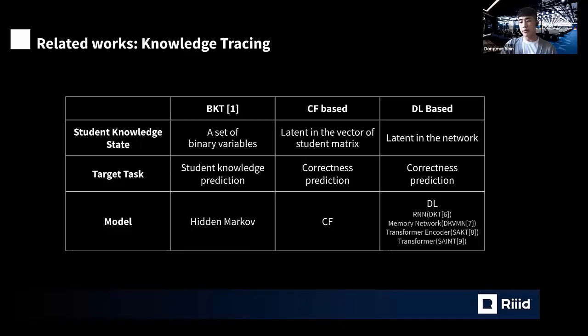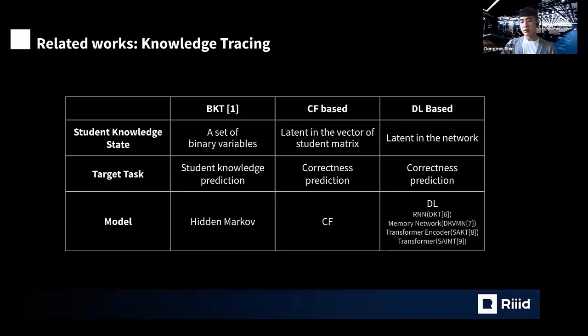And like CF, DL-based KT models learn student knowledge indirectly while performing correctness prediction. The student's knowledge states can be learned latently in the network.